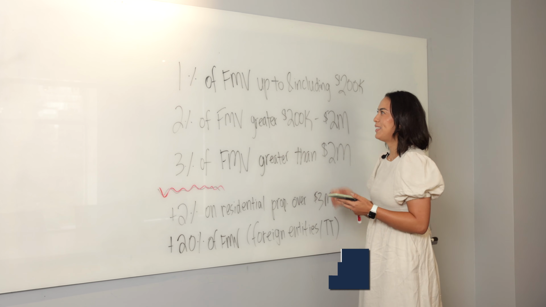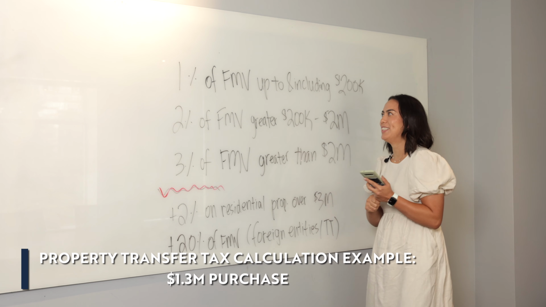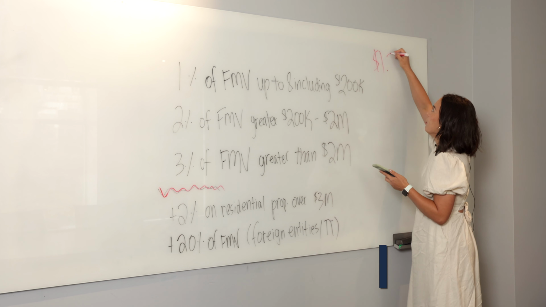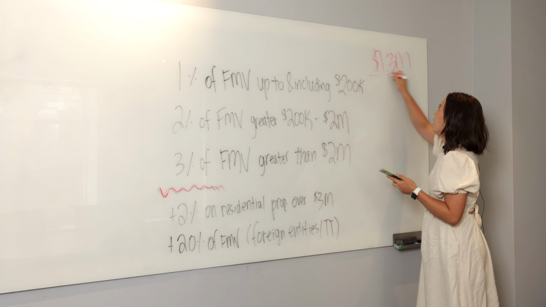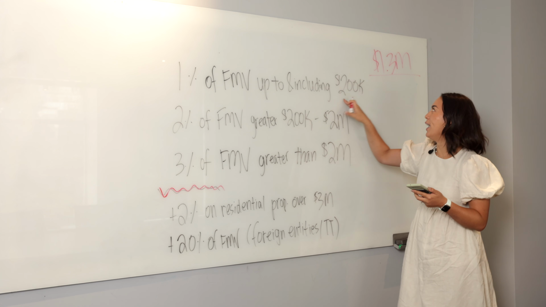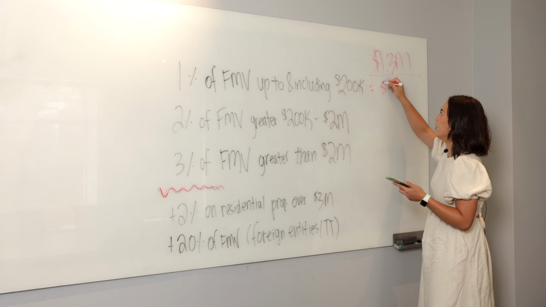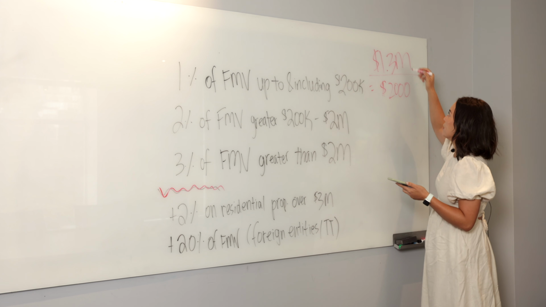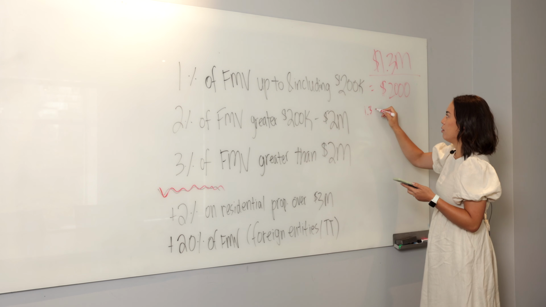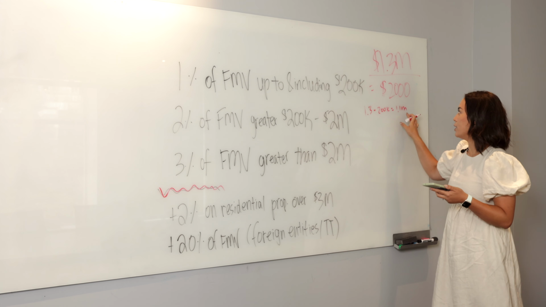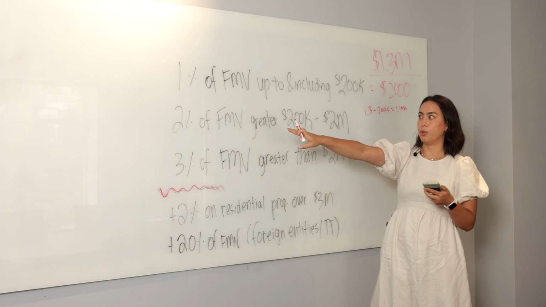So getting into an example on how to calculate property transfer tax, let's use a number of 1.3 million. So how do we calculate this? 1% on the first 200K, that's an amount of $2,000, easy. Then we can basically take 1.3 million minus 200K. That means that the amount that we're working with is 1.1 million for this 2% mark.